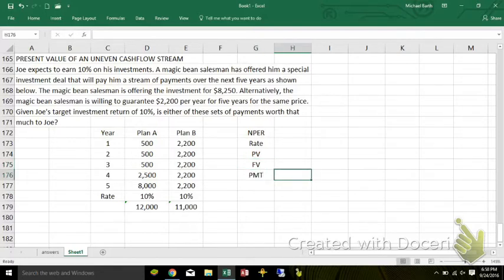So Joe would have to give up $8,250. Well, I'm going to calculate the present value of this, so I'm going to calculate what it's worth. This series of cash flows here, if the present value is equal to $8,250, no harm, no foul. So let's calculate the present value.